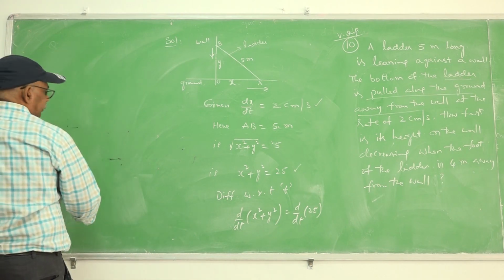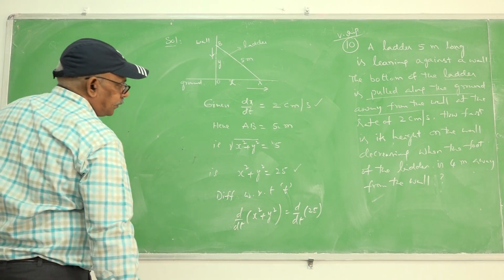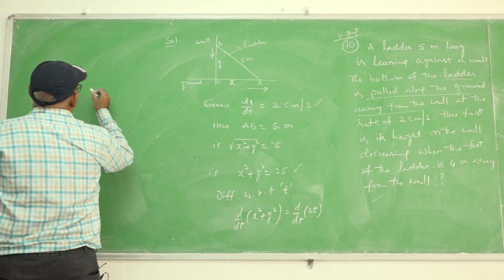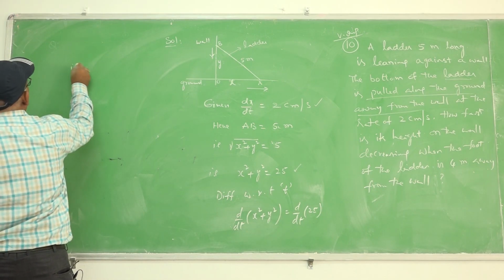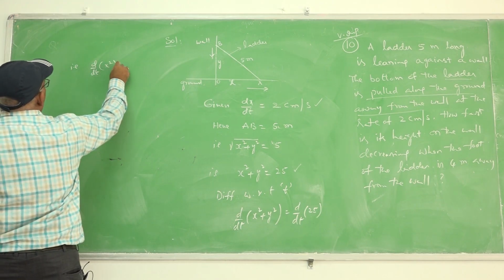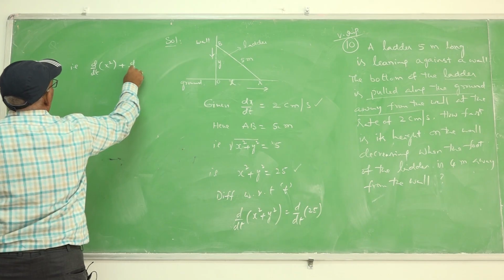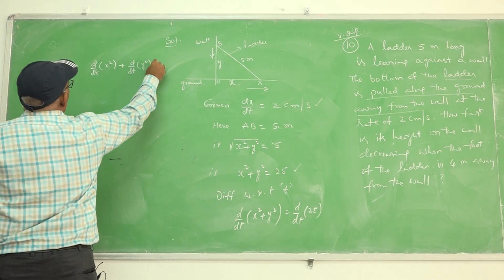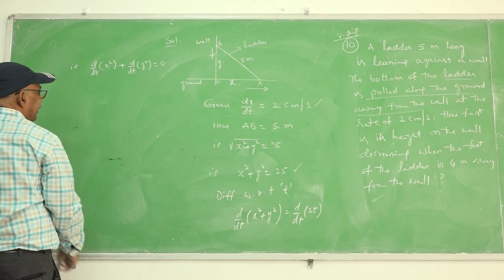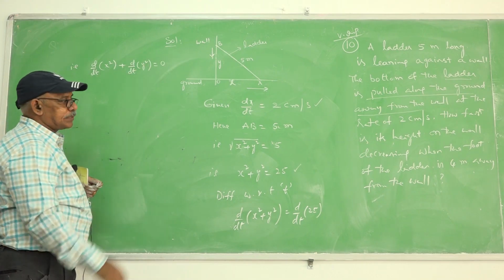That is d by dt of x square plus d by dt of y square, and d by dt of a constant is 0. The rate of change of a constant is always 0.